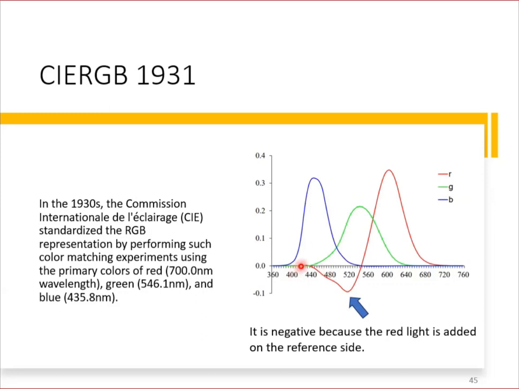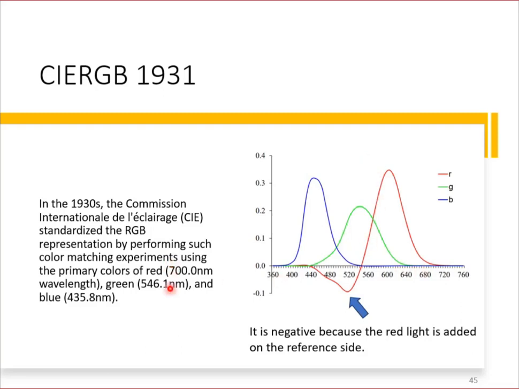It means for a light of a specific wavelength, say 600, it can be generated by combining a certain amount of green light and red light.